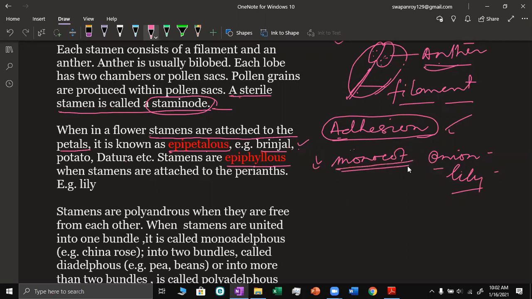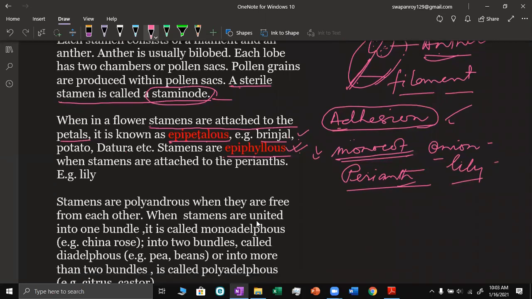We cannot identify that this is calyx and this is corolla. In that case, we call it a perianth. And when the androecium stamens are attached to the perianth, we call it epiphyllous instead of epipetalous.